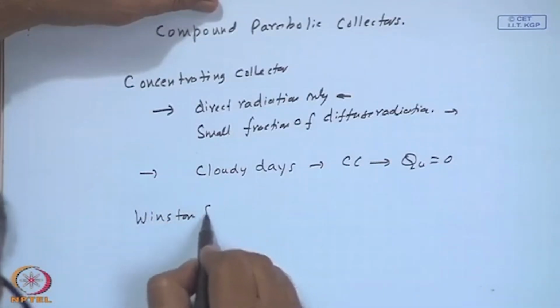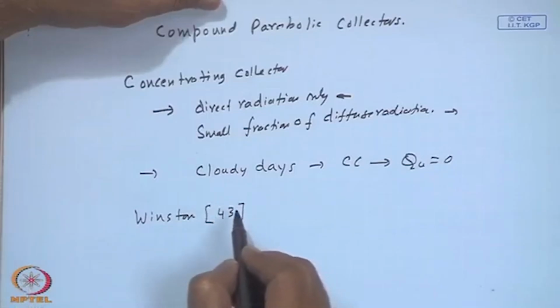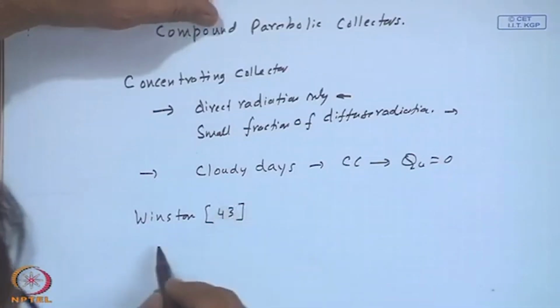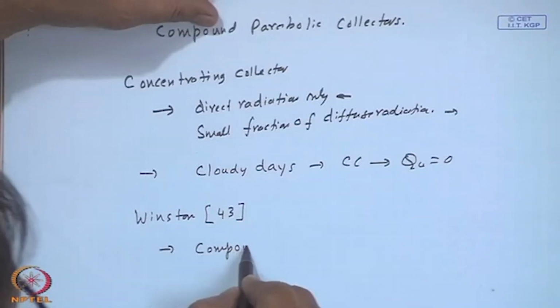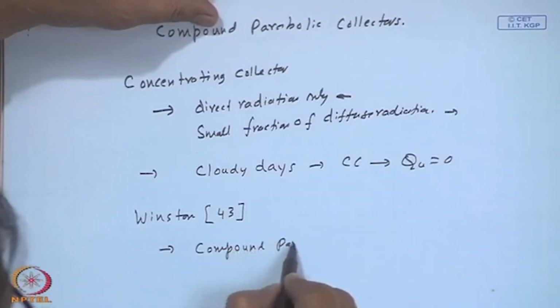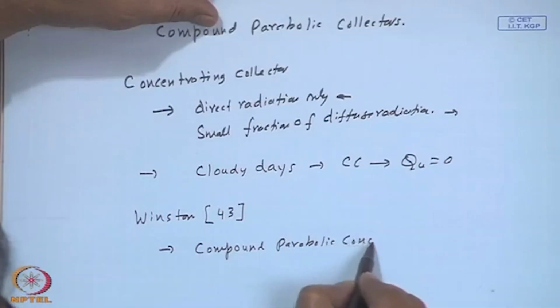So, Professor Winston, as we have given the reference 43 that you can see in the companion notes, conceived the so-called compound parabolic concentrators.